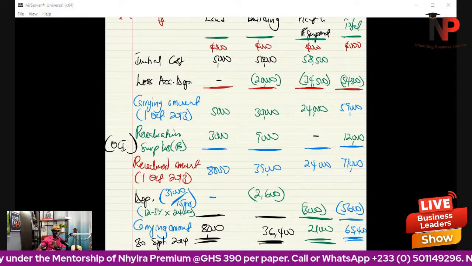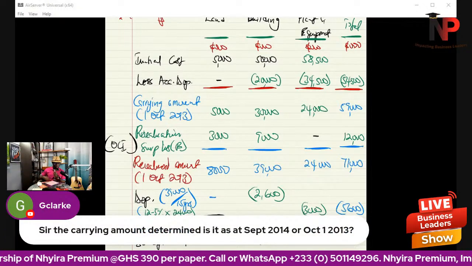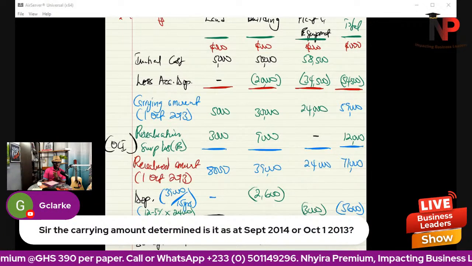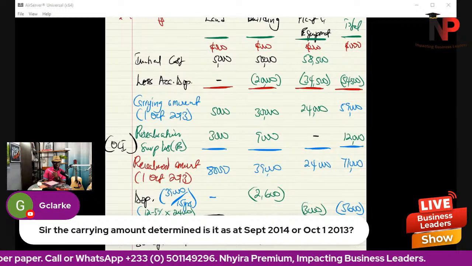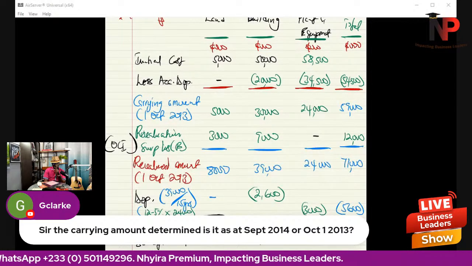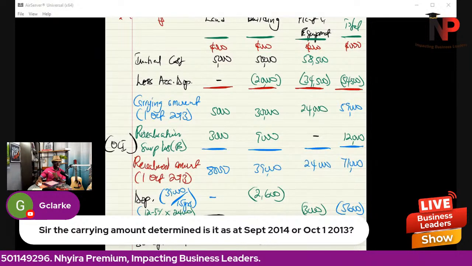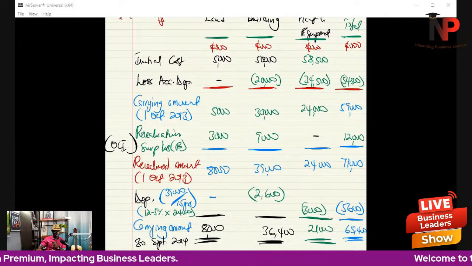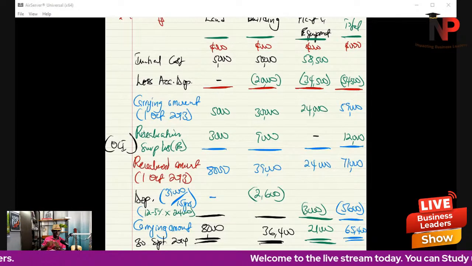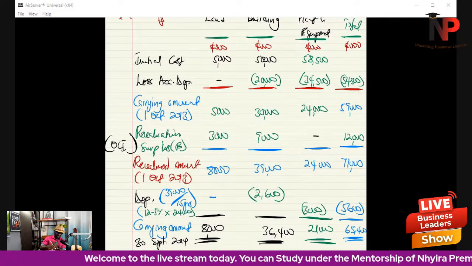Any questions, please? I see some questions coming up here. Say the carrying amount determined, is it as at 30th September 2014 or 1st October 2013? I don't know which carrying amount you're talking about, Clark. We have two carrying amounts here. There is carrying amount at the beginning of the year, which is 1st October 2013.